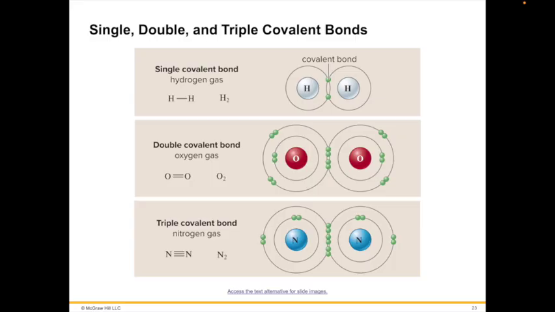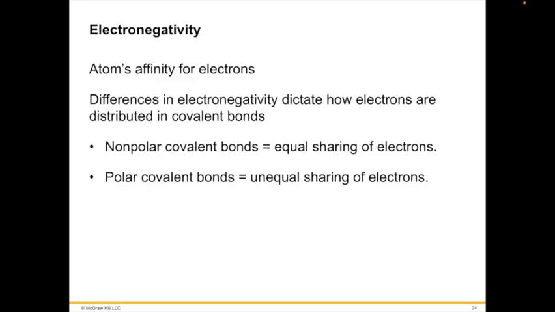To satisfy the octet rule, a carbon atom must form 4 covalent bonds. Because 4 covalent bonds may form in many ways, carbon atoms are found in many different kinds of molecules, such as CO2, which is carbon dioxide, CH4, which is methane, and C2H5OH, which is ethanol. That's alcohol. And those are just a few examples.